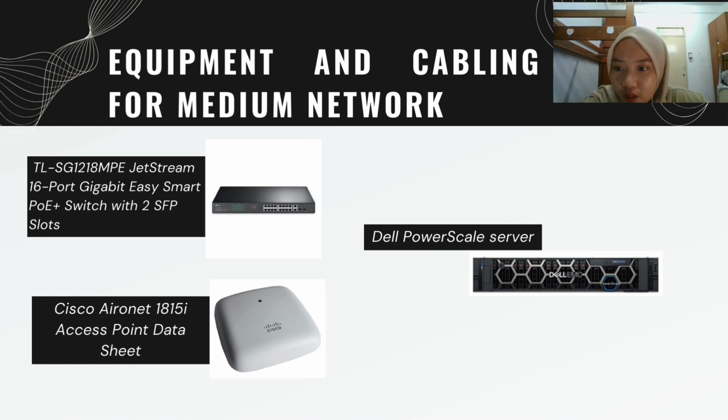For the access point, we're using Cisco Aironet 1815i access point. And for the server, we are using Dell PowerScale server. This server offers scalability, where the scalability of PowerScale is known.